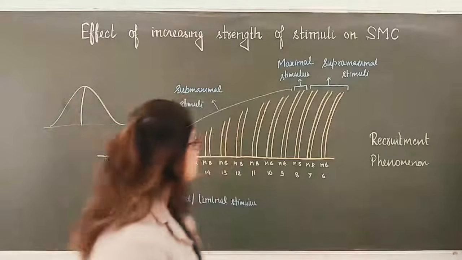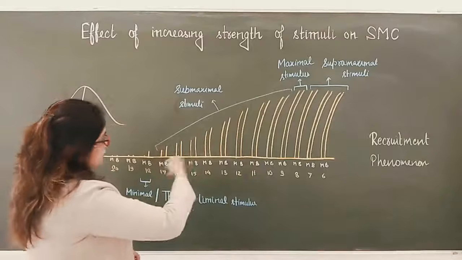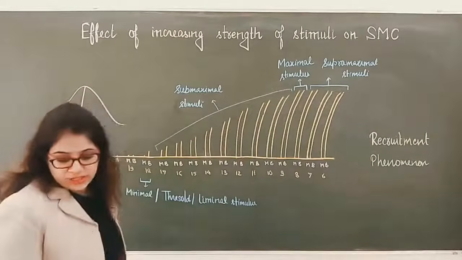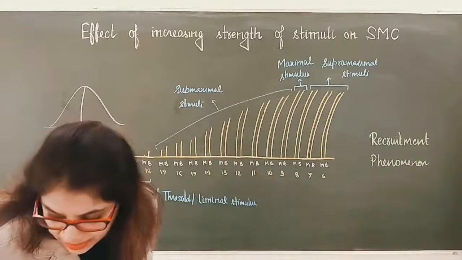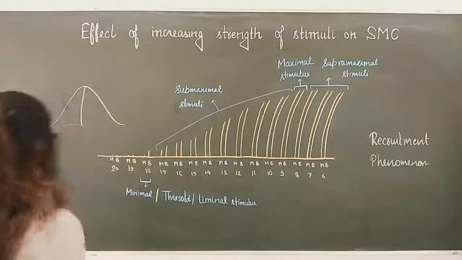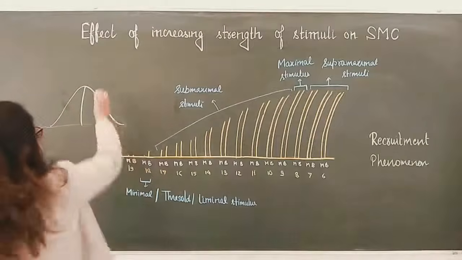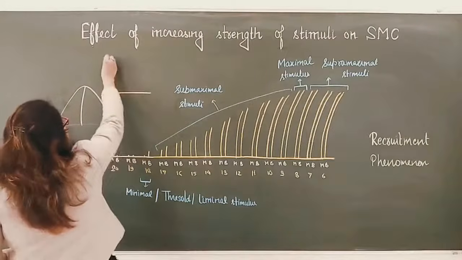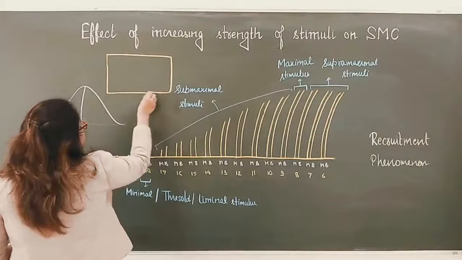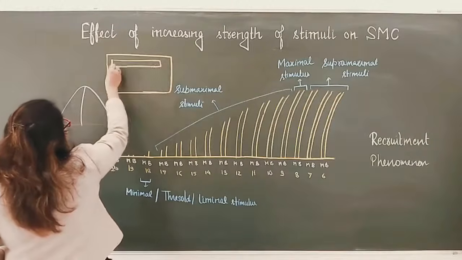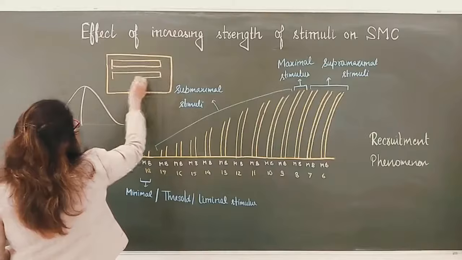Now what happens in that? We can see in this graph there is increasing length of curves. So what is the meaning of that? See, suppose this is one motor unit. This is one muscle, and suppose there are 3 motor units in that.